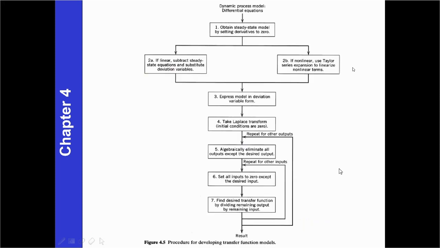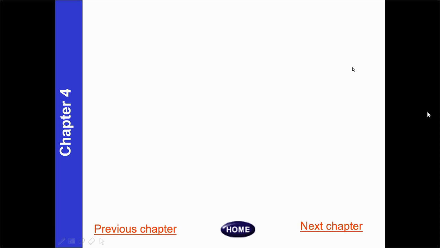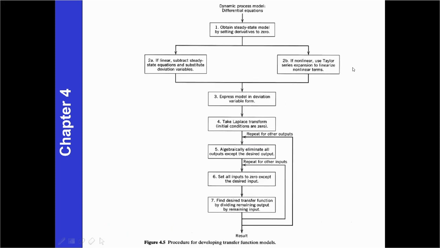So finally, this is the procedure for developing a transfer function model from what we have seen. Starting from the dynamic process model of differential equations, we need to obtain the steady state model by setting the derivatives to 0.